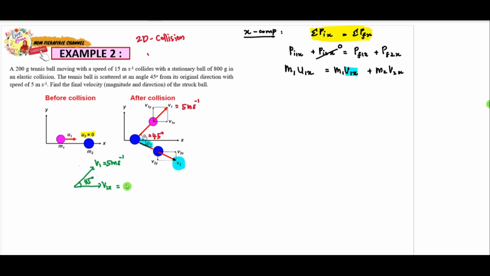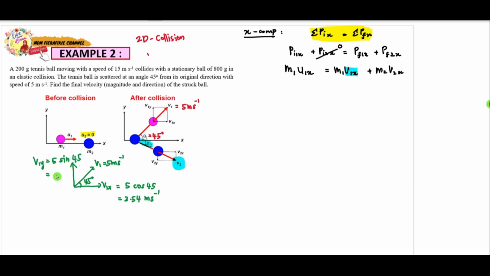So V1x should be 5 cos 45. So bila awak kira, you akan dapat 3.54 meter per second. Okay, while V1y equal to V1, saya terus gantilah, V1 is 5 meter per second. So dah akan jadi 5 sin 45.